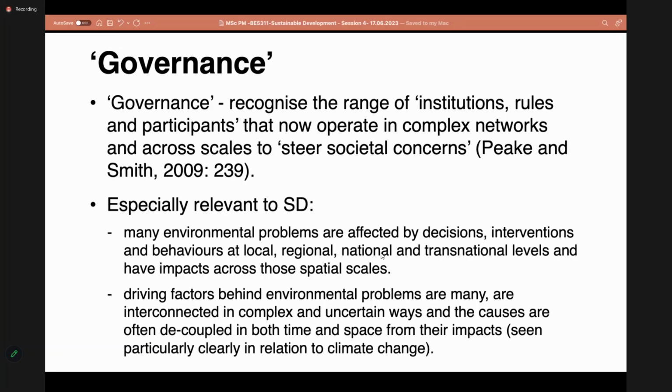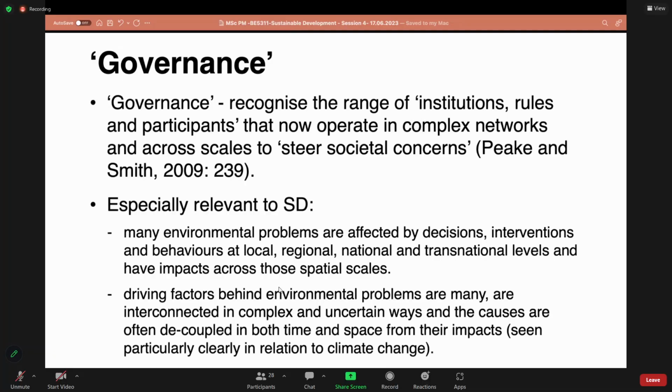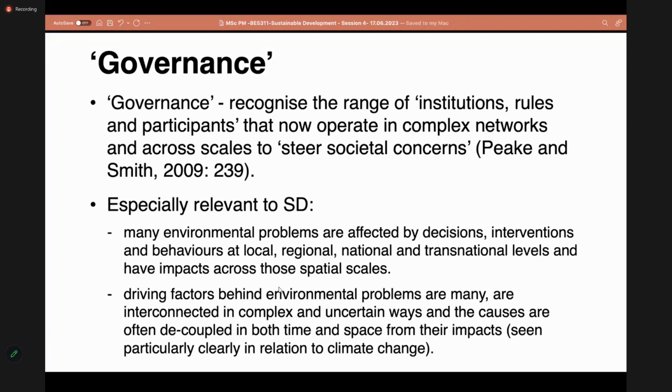In a concept like sustainable development this is important because many of these environmental problems we have discussed so far are affected not just by individual decisions, right? They're affected by decisions and behaviors at local, regional, national, or even transnational levels, and they can have impacts across different spatial scales.